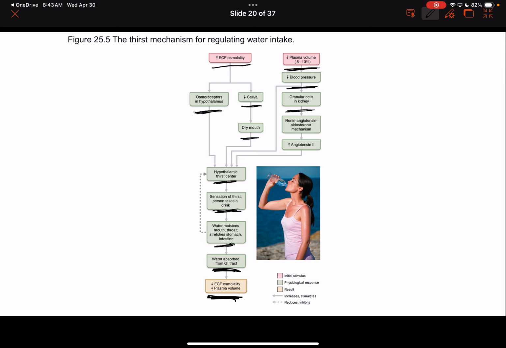That renin converts angiotensinogen into angiotensin 1. Then we have an enzyme from the lungs that converts 1 into 2. And then angiotensin 2, one of the 4 pathways for angiotensin 2 is that thirst mechanism in the hypothalamus. So again, you bring in more water, it stretches your intestines and your stomach, you absorb more of that water through your GI tract, and now your plasma volume is back to normal.